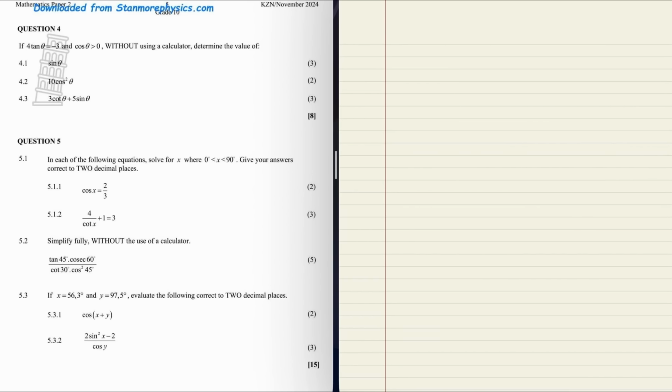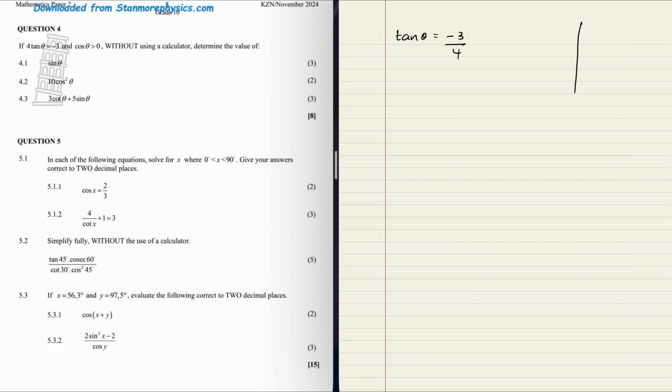So question number 4 says, if 4 tan theta is equal to -3 and cos theta is positive, without using a calculator, determine the value of the following. Now what we need to do here is to use a diagram. So let's rearrange this. So tan theta is equal to -3 divided by 4.